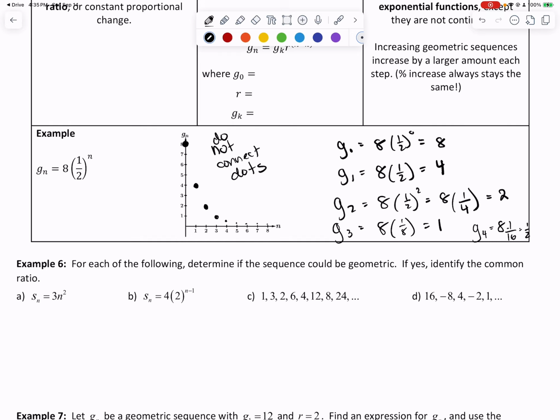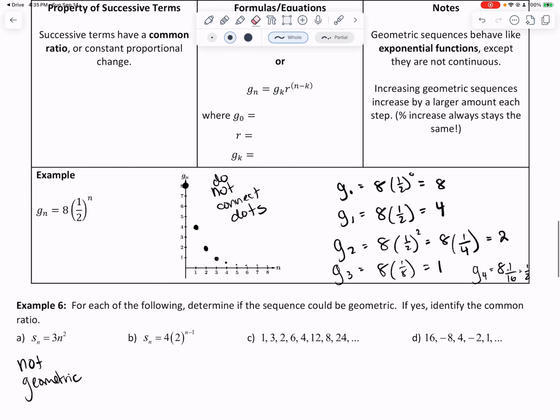All right, our first example is not geometric. Again, that's quadratic, and quadratics are not the same as exponentials. Not geometric. The second is geometric. It has a common ratio being raised to a power, and we have an initial term. This is actually the first term, and I should go back and make sure. We have initial term is our G sub 0.